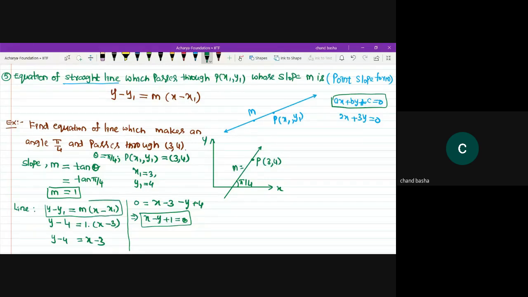We have different forms already. 4 points we have discussed: parallel to x-axis, parallel to y-axis, equation of x-axis, equation of y-axis. This is the 5th one, guys. So this is also one format of equation of the straight line when a point is given and slope is given.